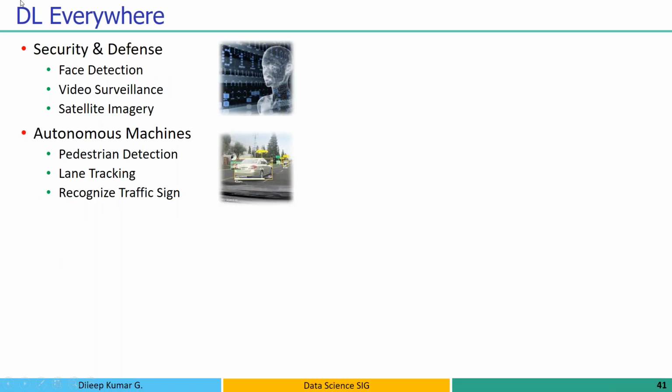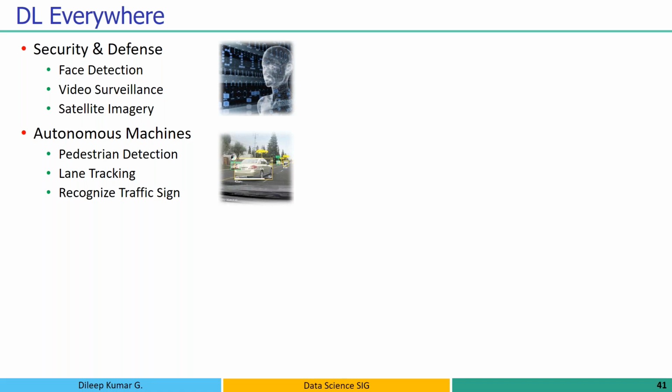Also in security and defense, deep learning is used in face detection. Nowadays it has become a very smart application. In India, many important airports have been adopting this face detection software.